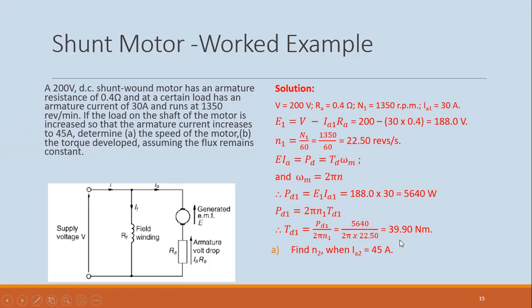I want you to do that, based on what we have done so far. Change the armature current, call it IA2. IA2 would be equal to 45 amps. And work out what E2 is and what TD2 is for me. I'm going to give you 10 minutes to do that.